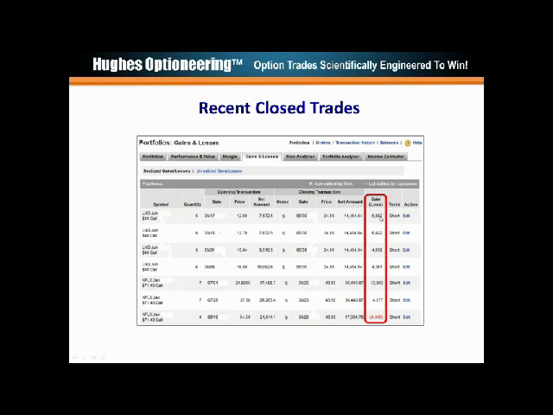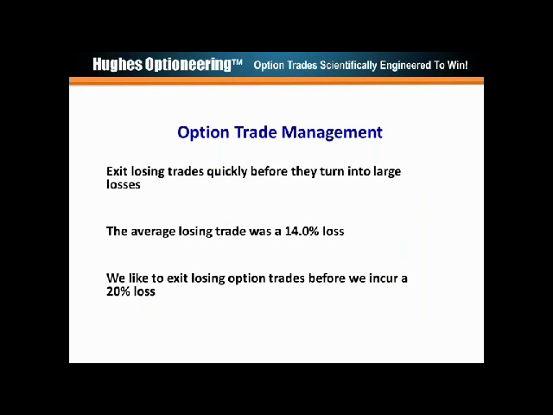We had a $6,882 profit on this. So what I did was I tallied up the losing trades in those closed out trades and compared them to the winning trades, to demonstrate that you want to exit losing trades quickly before they turn into large losses.